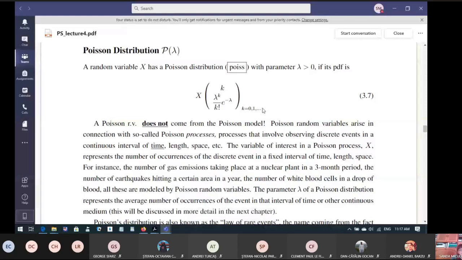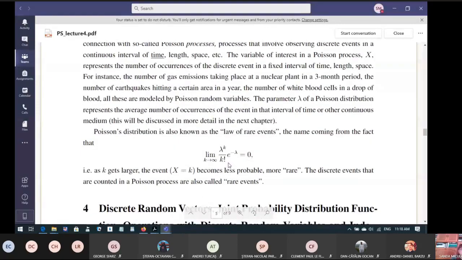But as k goes to infinity, what happens to this probability? The exponential part, e to the minus lambda, is a constant, so it's not affected by the limit of k going to infinity. Both lambda to the k and k factorial go to infinity, but the factorial goes much faster. So that is the determinant term here, which makes the whole thing go to 0.